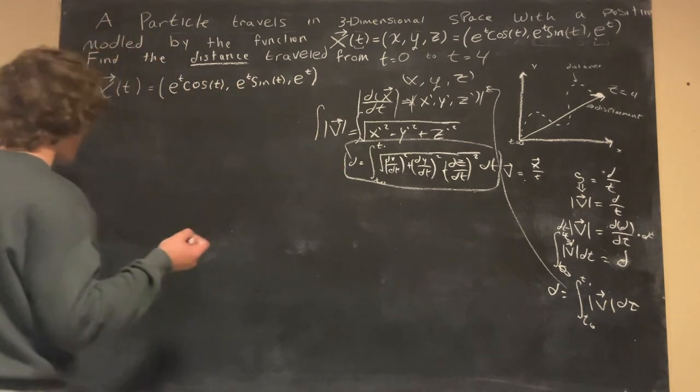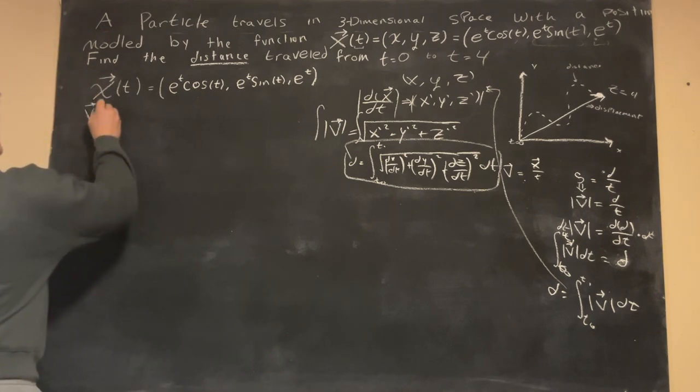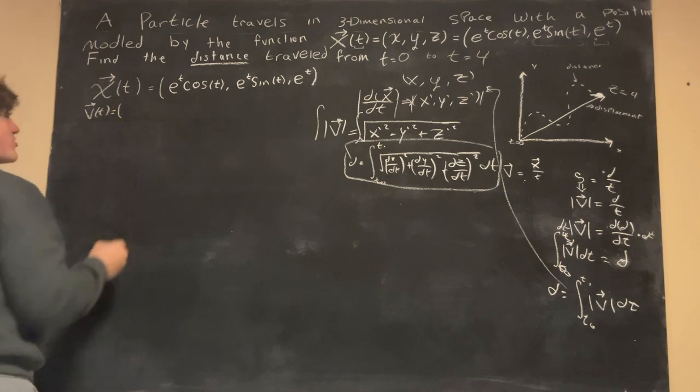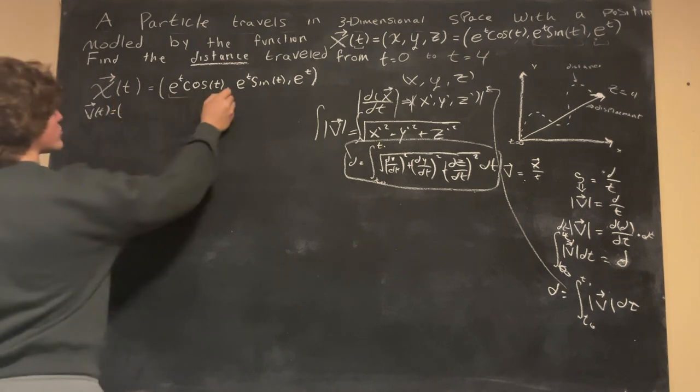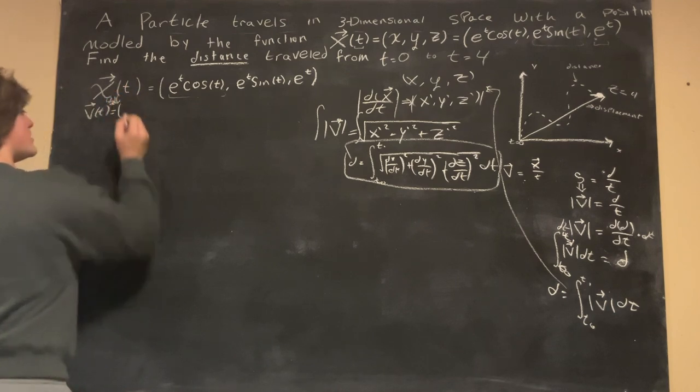So to begin, we will find our velocity as a function of time. We need a product rule on this since we're taking the derivative, so this is d over dt.